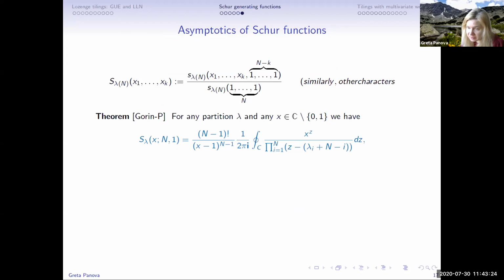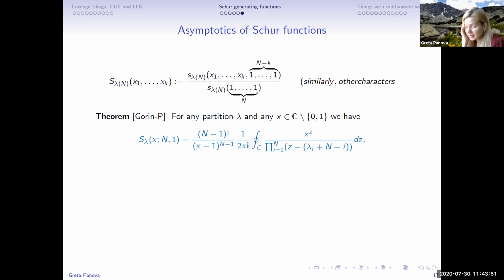Okay, so let me just say briefly how we do this asymptotics. So here is our Schur generating function, and we can do other characters, orthogonal, symplectic, just because there is a Weyl determinantal formula in those cases.